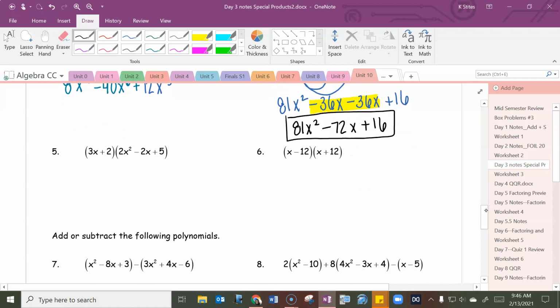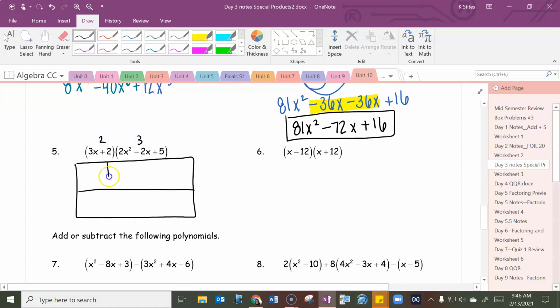All right, let's try number 5. Number 5, I'm going to use that box method. So again, this is 2 terms and 3 terms. I didn't really give any room for myself to write this on the top, so I'm going to write it on the bottom. And a 3x and a 2. All right, now let's go ahead and multiply. 3x times 2x squared is a 6x cubed.